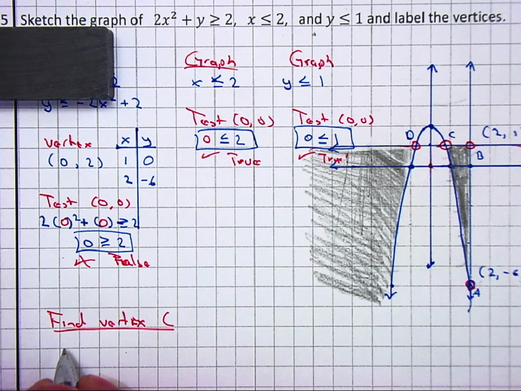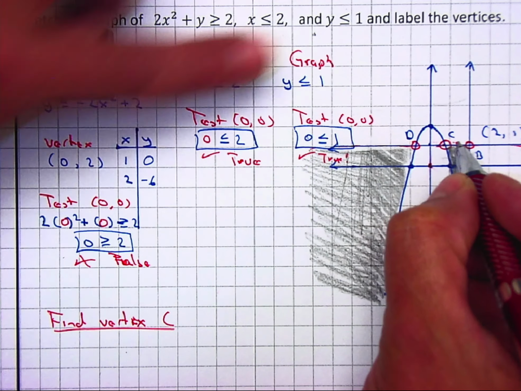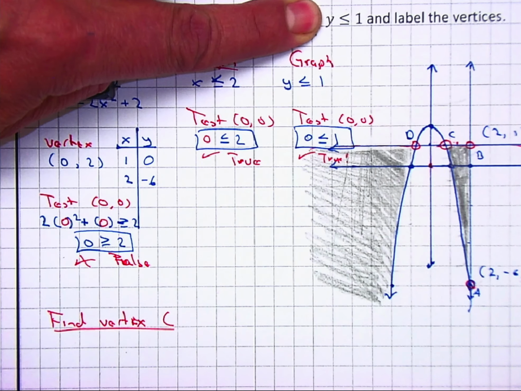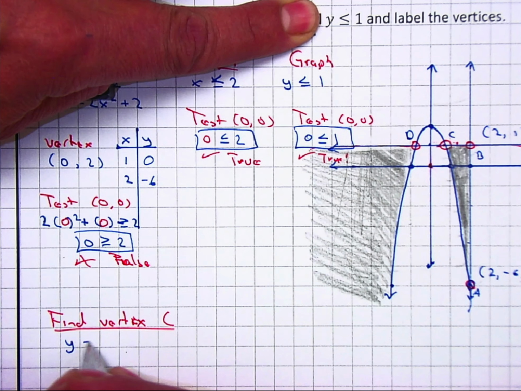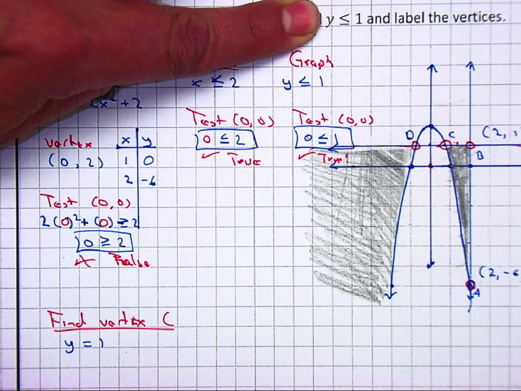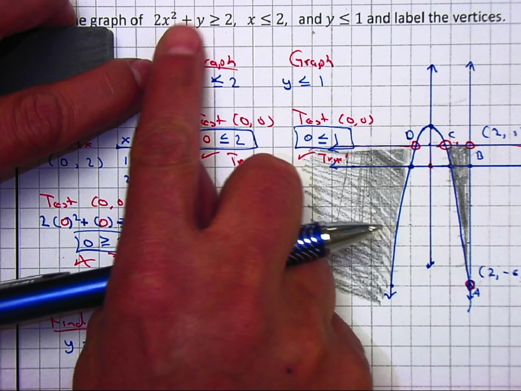So this horizontal line is this equation here, and I want to use an equal sign now, and this equation here.